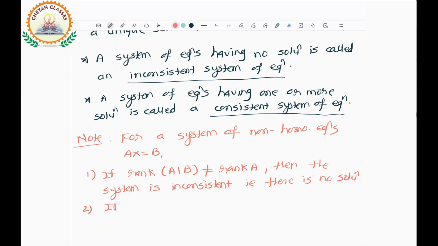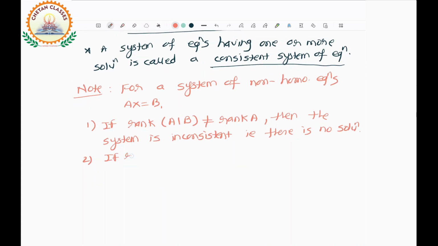Second, if rank of augmented matrix is equal to rank A is equal to number of unknowns, then the system has a unique solution.